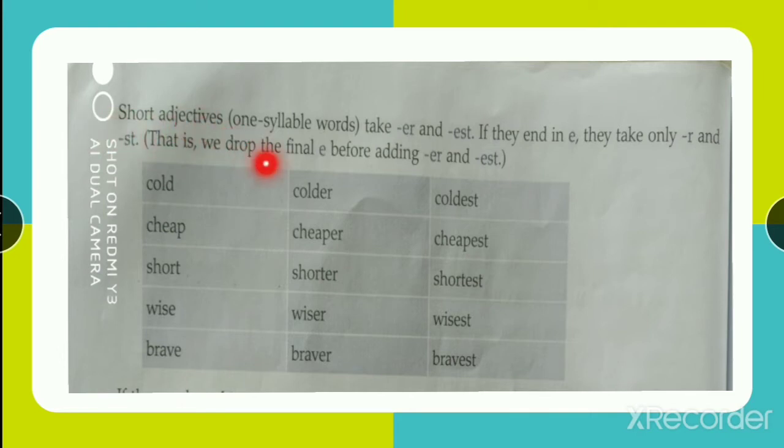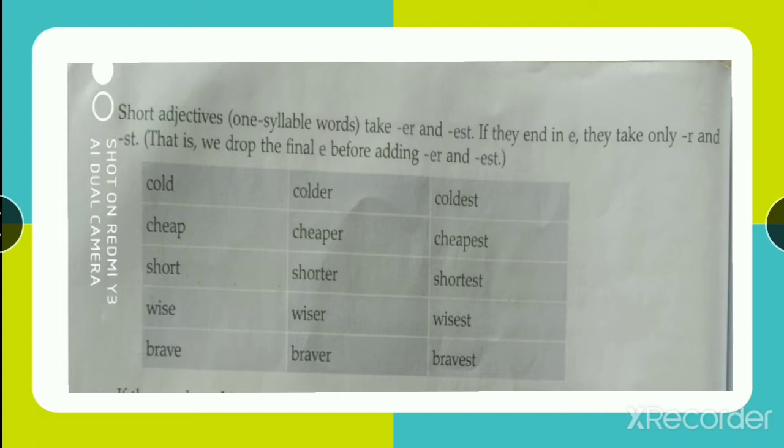Short adjectives, that is one syllable words, take ER or EST. If they end in E, they take only R and ST. That is, we drop the final E before adding ER and EST.